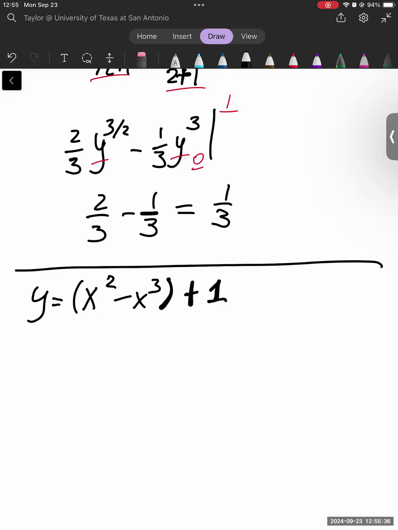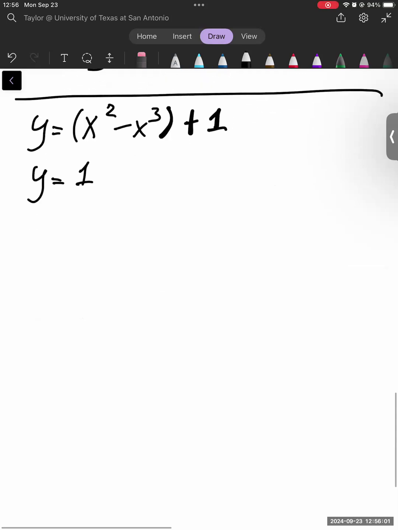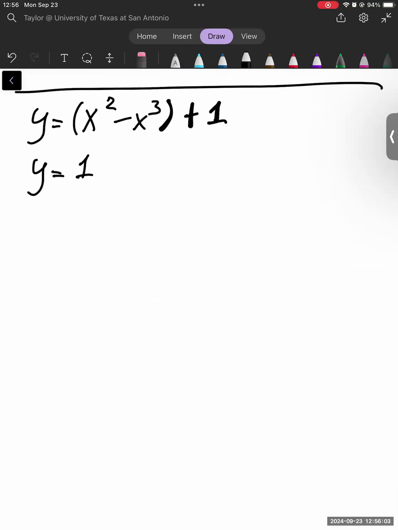And then y equals 1. Yeah, that's fine. So I'm going to give you guys a second to graph that one, and then we'll talk about it. Go ahead and give me a thumbs up when y'all have graphed it.